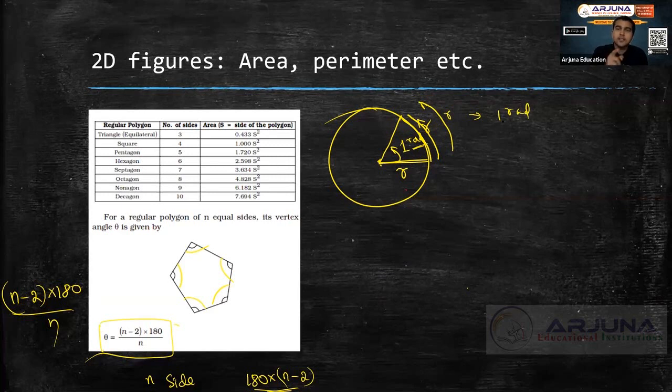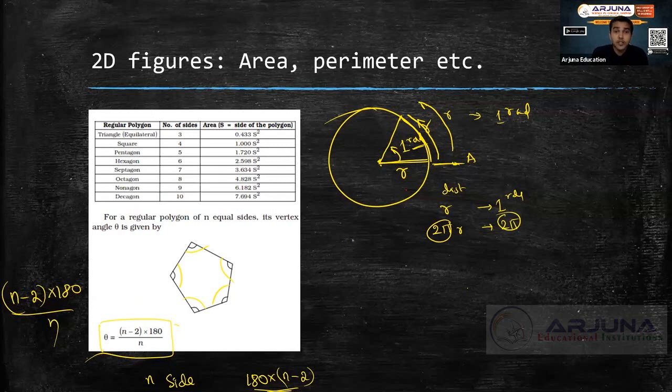If I walk the complete circle, that means I start from point A, go around, and come back to this point, walking the full circumference. If the distance is r, I get 1 radian. If I walk the full distance, that is 2 pi r, then I get 2 pi radians, because I am multiplying by 2 pi on both sides. So that means 360 degrees is equal to 2 pi radians.